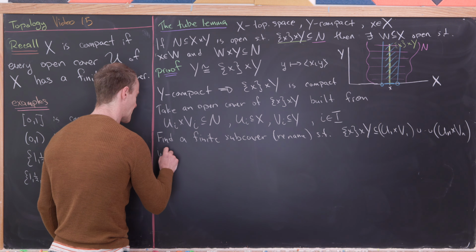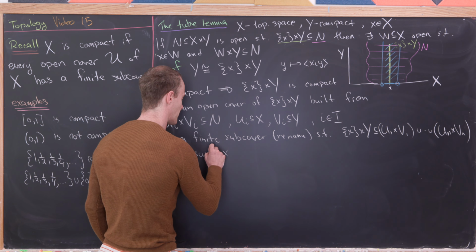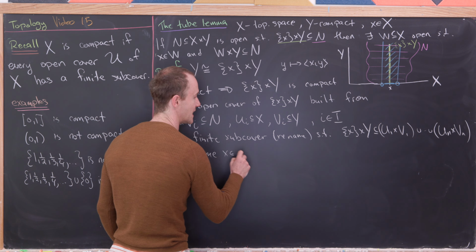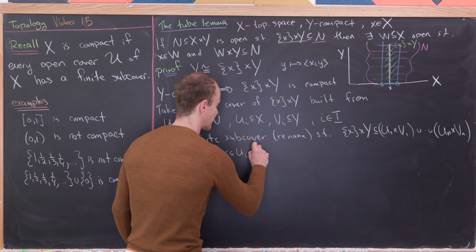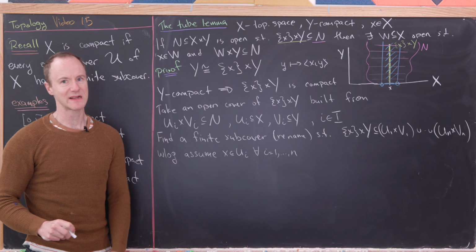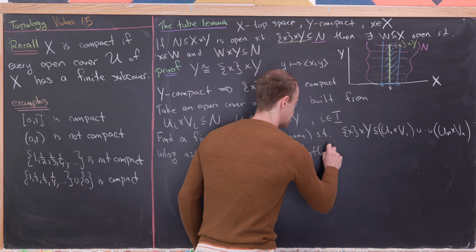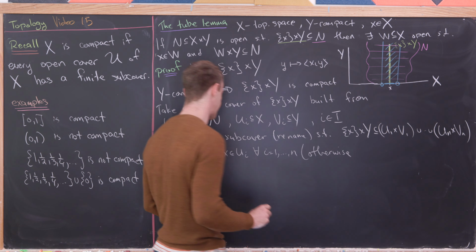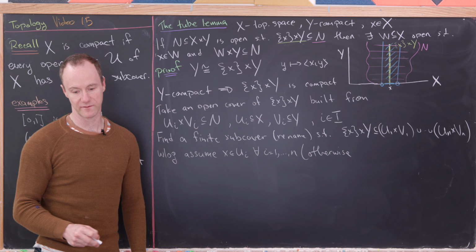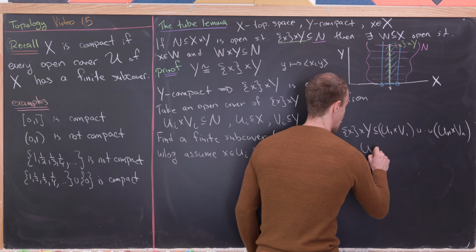And now let's, without loss of generality, assume that our point x is inside of U_i for all i from 1 to n. Now you might say, well, how can we do that? Otherwise, what happens if x was not in one of those, let's say the jth one?